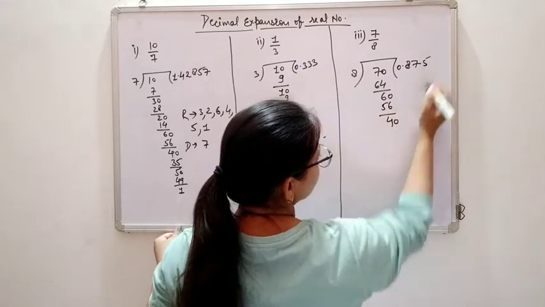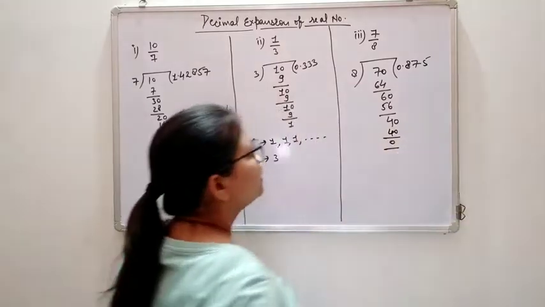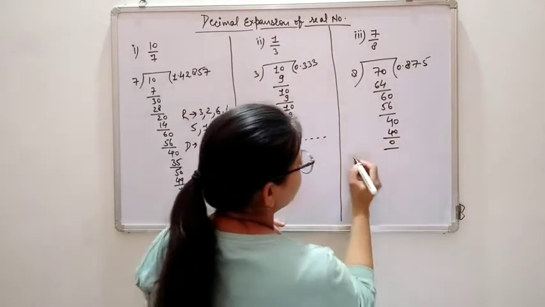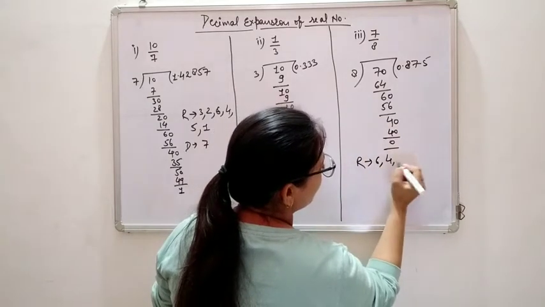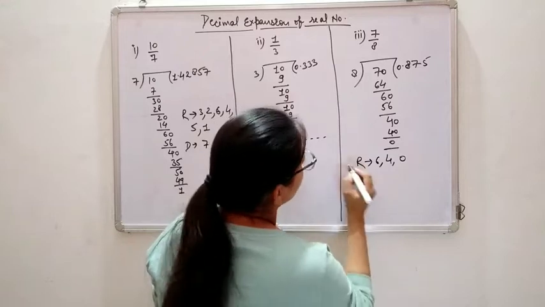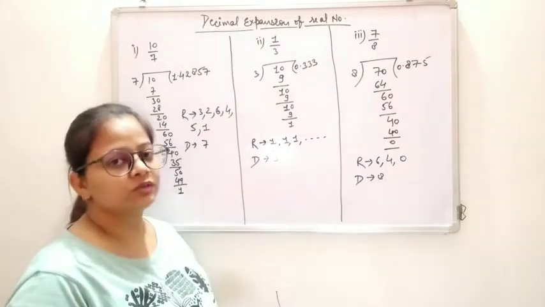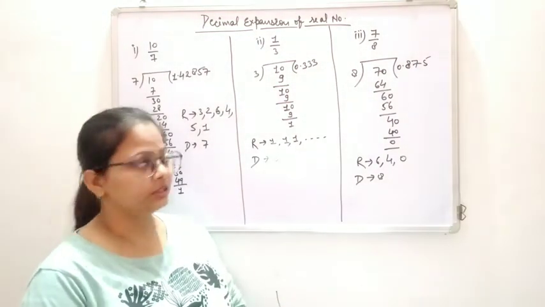Now 5 times and it ends here, and the remainder will be 0. Clear? So what is the string of remainders here? 6, 4 and 0, right? And what is the divisor? 8. Clear?